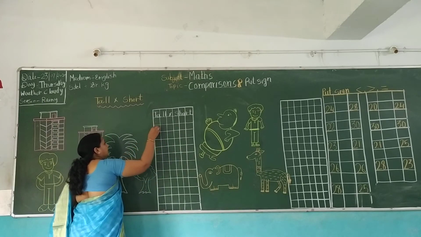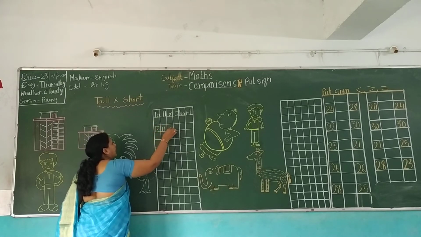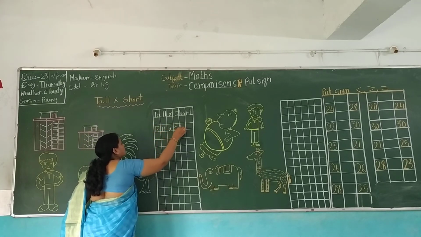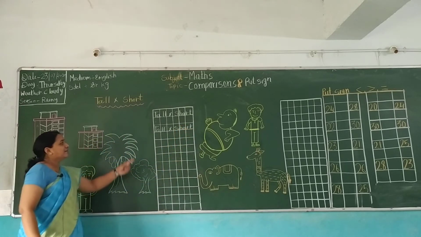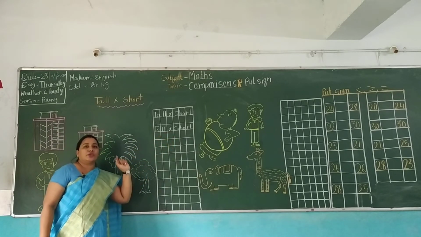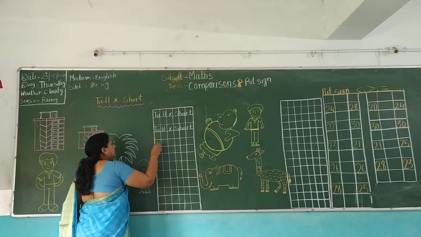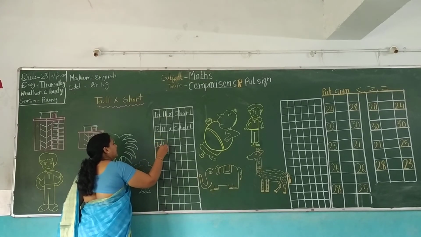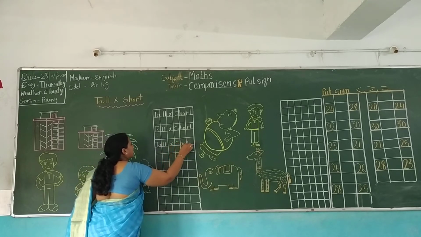Again you write here: T-A-L-L, tall, S-H-O-R-T, short. Tall opposite short. Again leave one block and write the same: T-A-L-L, tall, S-H-O-R-T, short.